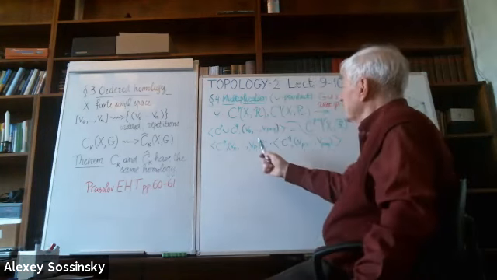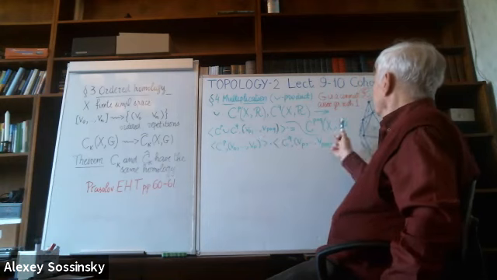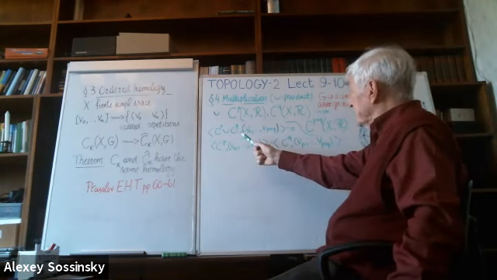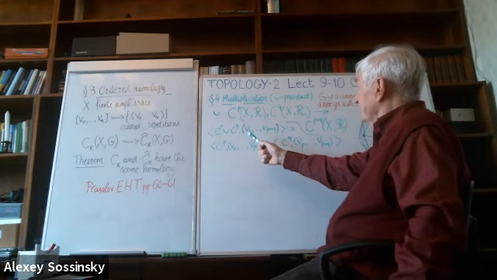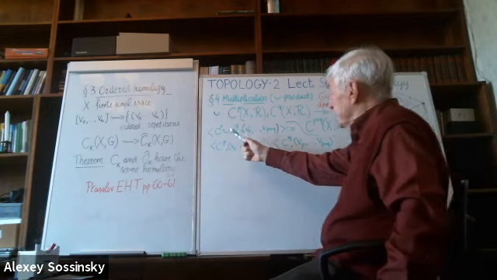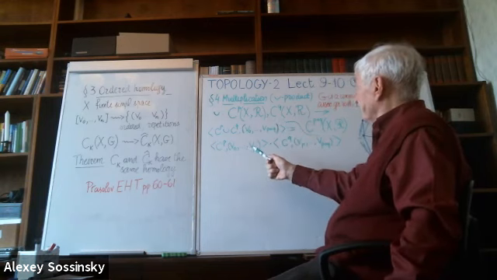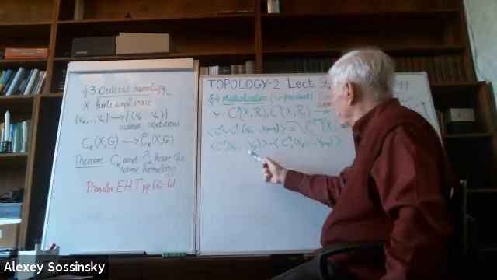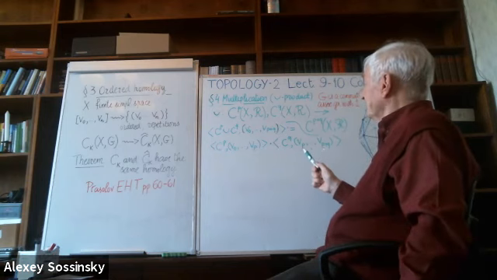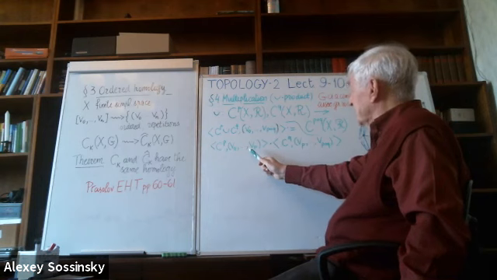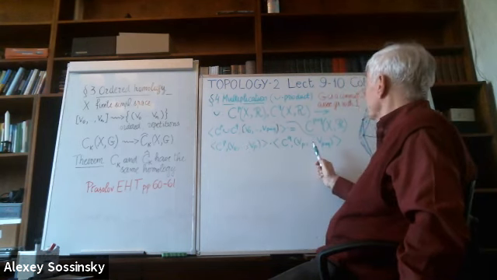So the value of a cochain from here is defined by using these two pairings. So this is just the product of two elements of the ring.